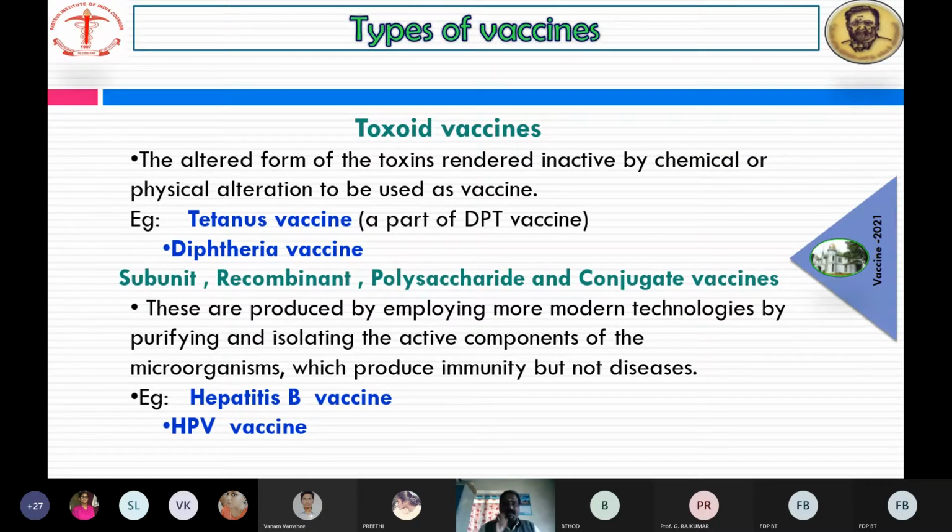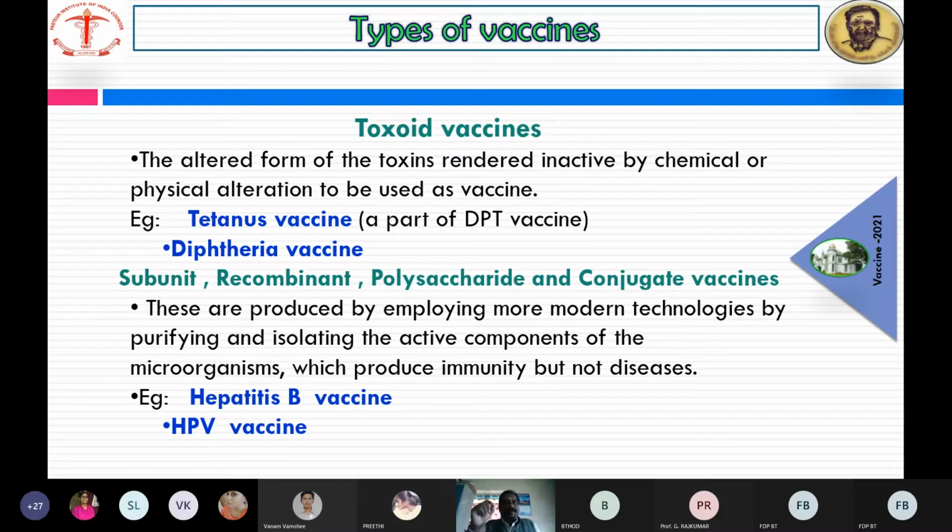That is called active components, as a single protein, as a combined protein, as a capsular protein, a polysaccharide protein, or some carbohydrates. These are active components of the microorganism which can produce immunity but not disease. Just keep in mind that a vaccine means it can produce immunity, not disease. An example of a subunit vaccine is the recombinant hepatitis B vaccine, and the next is HPV.